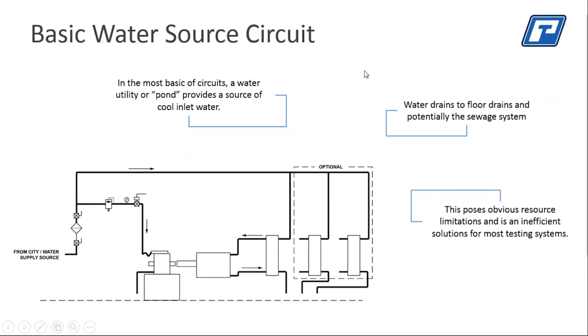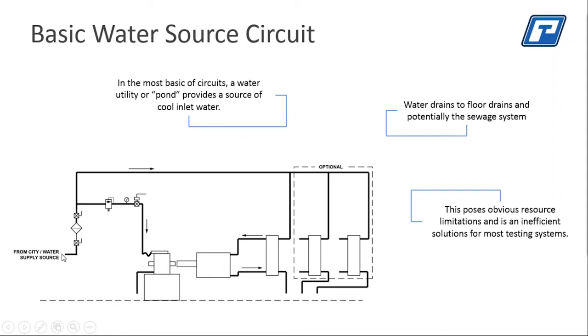Basic water source circuit. Let's walk through this once. Here is the dyno as it's sitting on the system. Here is the engine under test, and we'll see that a little clearer in a little bit. And meanwhile, what's happening with the water?